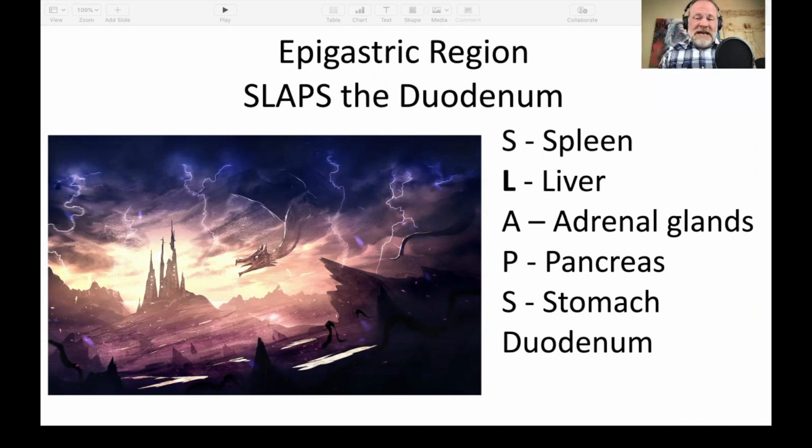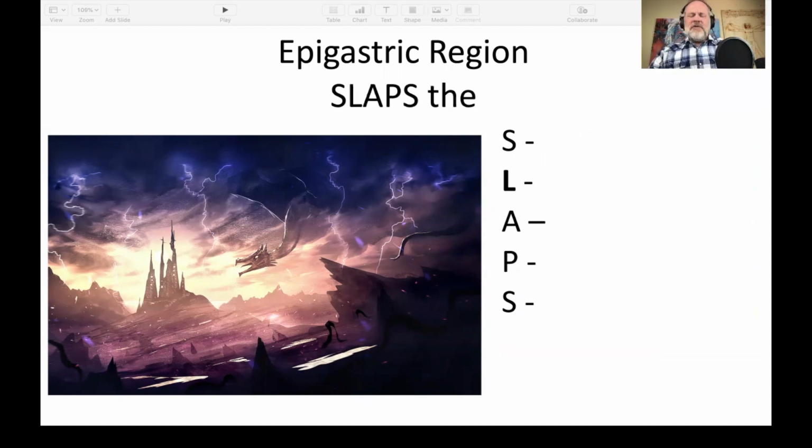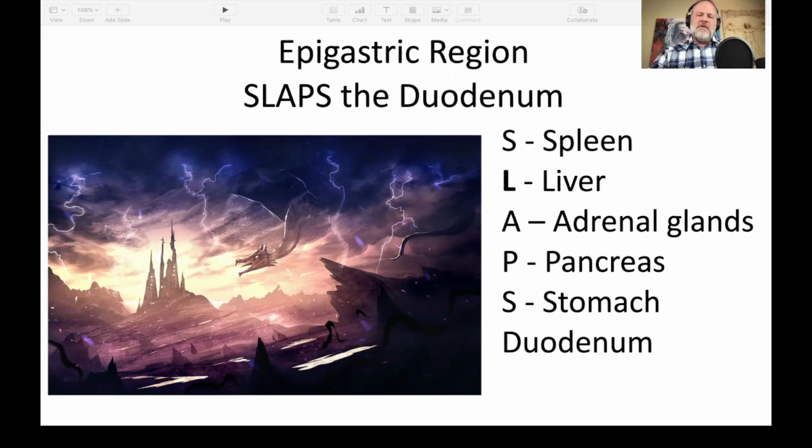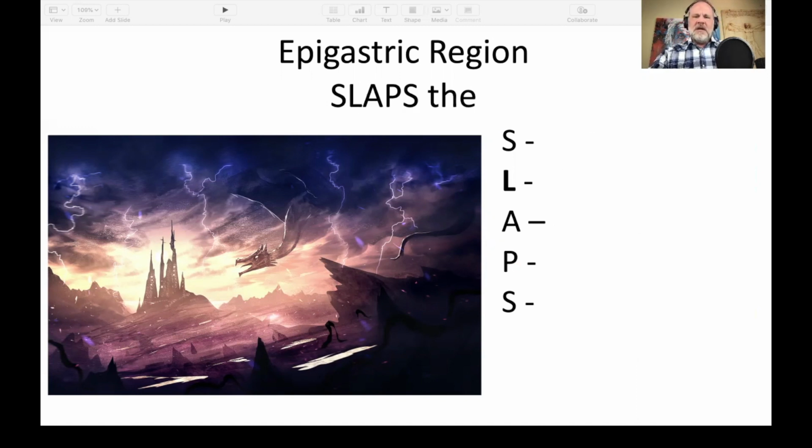Slap for spleen, liver, adrenal glands, pancreas, stomach, duodenum. The dragon, it's epic. The epigastric region slaps the duodenum. Spleen, liver, adrenal glands, pancreas, and stomach. And then you got to remember the duodenum at the end.